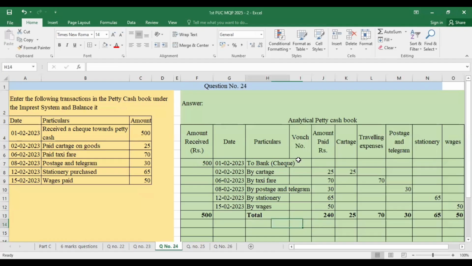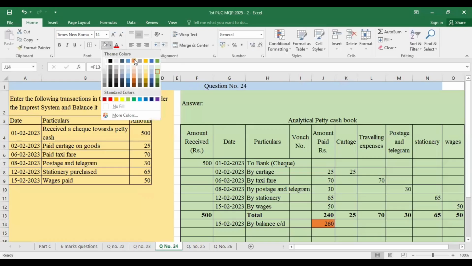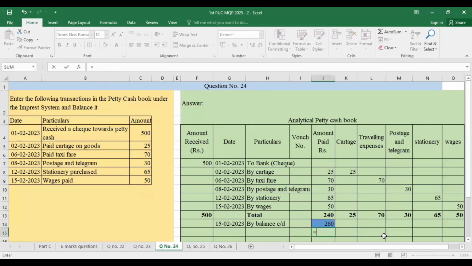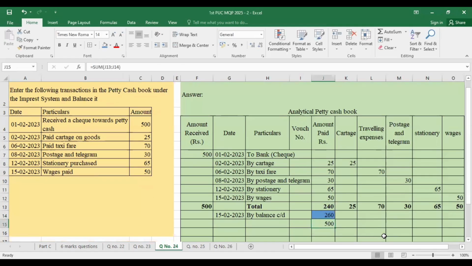So the balance carried down, that you have to write, by balance carried down on 15th February 2023, was 500 minus the spent amount 240. The balance is 260 rupees. So the total will be 500, which will be matching.